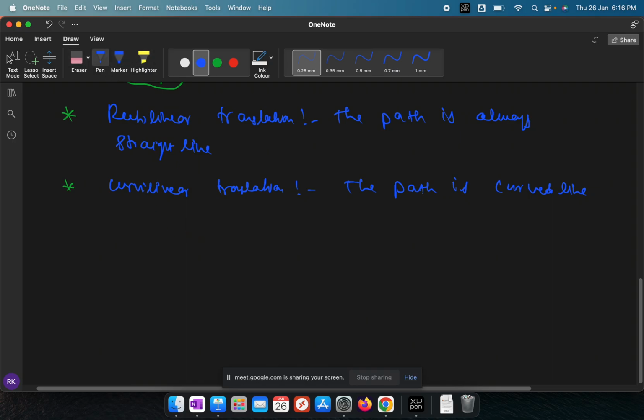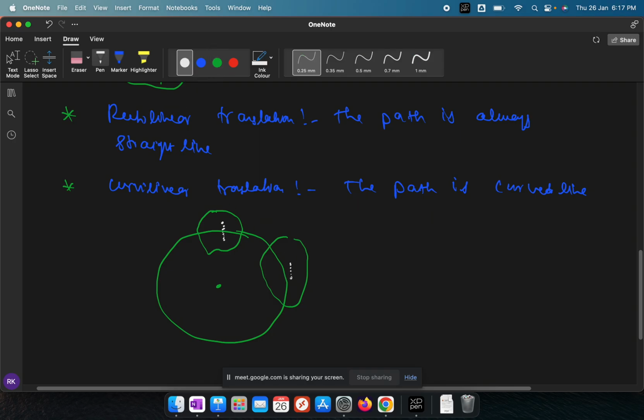Now suppose I am also taking one example like this. Suppose a rigid body is doing a circular motion, and on the rigid body I am drawing a straight line like this. After some time the rigid body reaches this point and the straight line is like this.